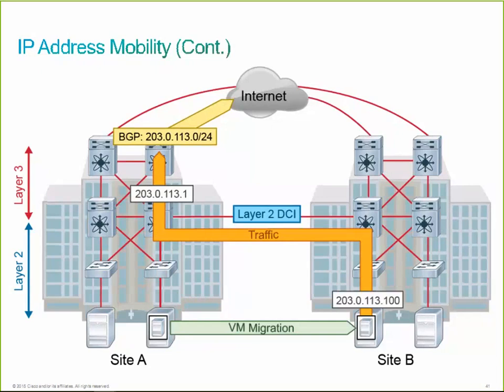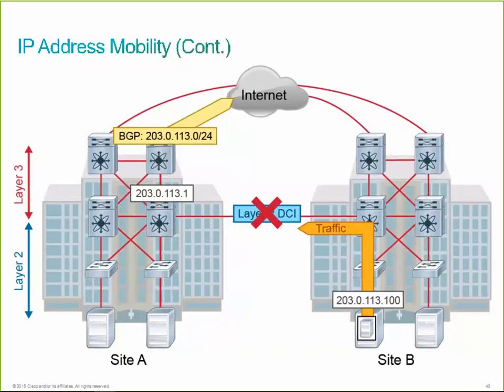It's still going to belong to the same VLAN, but the gateway remains at site A. The IP network it belongs to is still advertised into the internet from site A, so that VLAN traffic has to be forwarded from site B across that layer 2 data center interconnect to site A, and then it gets rerouted to the internet from site A. Without a layer 2 data center interconnect, that would be practically impossible, right? Well, it would be impossible.